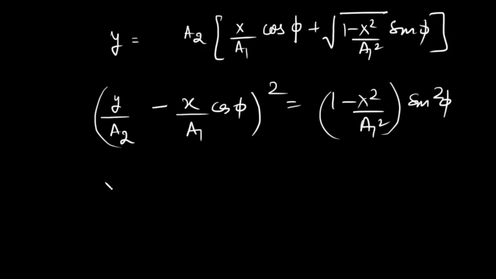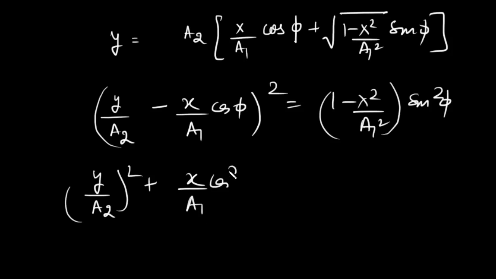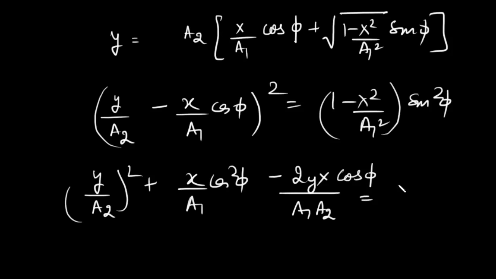Okay, so we open this, we have y upon A2 whole square plus x upon A1 cos square phi minus 2yx by A1 A2 cos of phi, and the right hand side would be sine square phi minus x square by A1 square sine square phi.